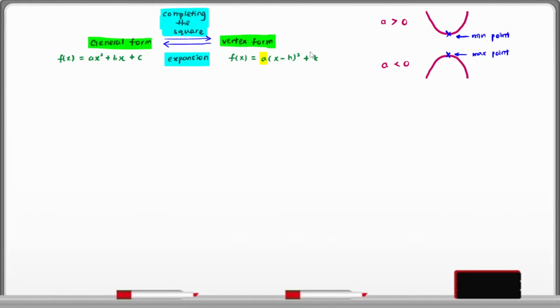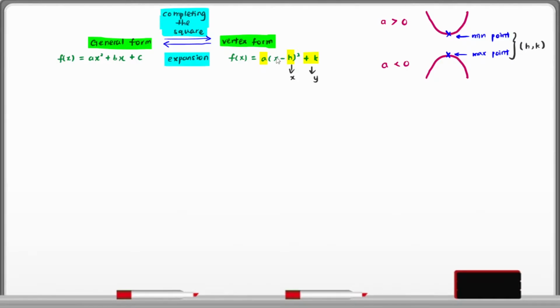In vertex form, you can find the coordinates of the minimum or maximum point. The h and the k are the x coordinate and the y coordinate of the minimum or maximum point. So the coordinate will be h, k.